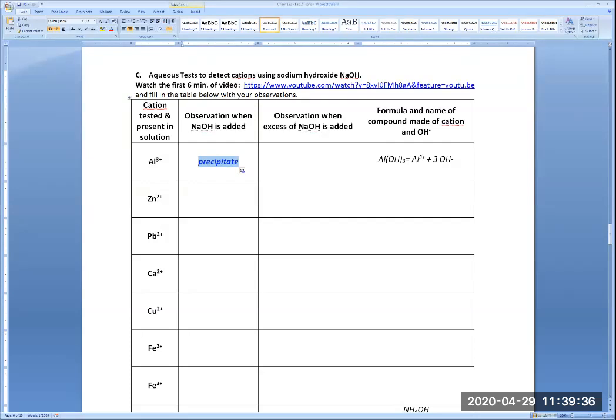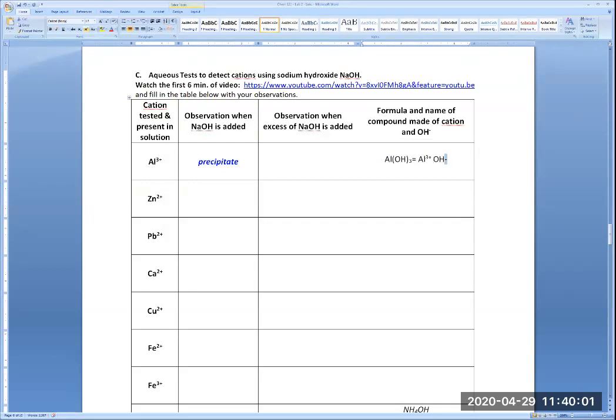When you do a formula, you always put the positive ion first, and then you add the negative ion second, and you do the crisscross trick. So here you would have Al3 plus and OH minus.